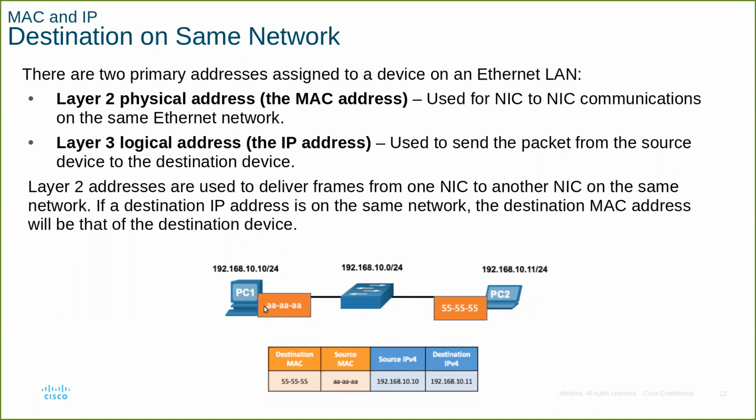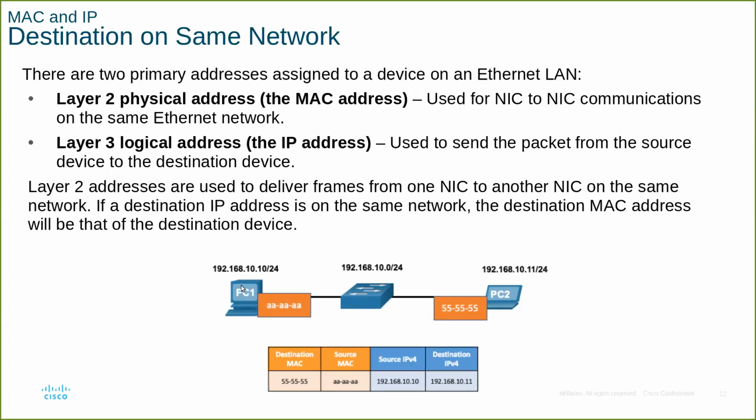If you look at this diagram, PC1 has an IP address 192.168.10.10, and PC2 has 192.168.10.11. So these two PCs are on the same network, you can see.